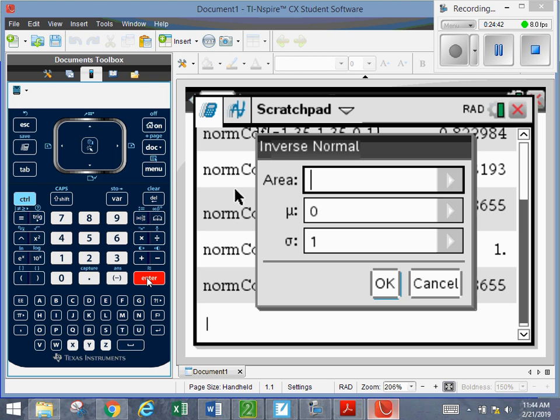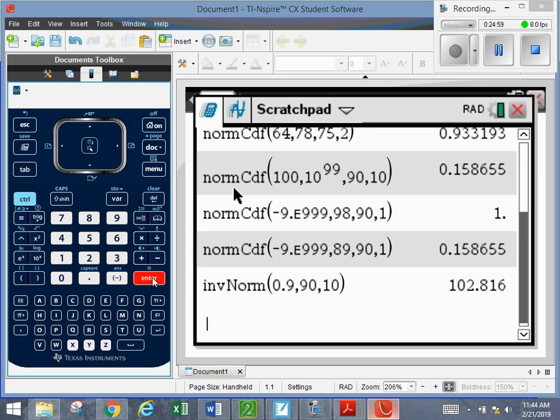The area that it asked me for was 0.90, right? That's what we were finding? Or 0.9. Mean was 90. Standard deviation of 10. We got the same answer. So two different ways to approach that question, okay?